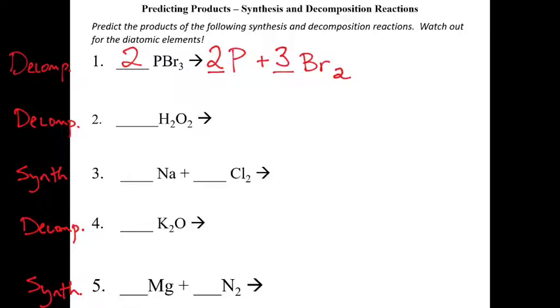Let's do the same idea on the second one. Again, our pattern is going to be for decomp. We break it up into its elements. What are the 2 elements in hydrogen peroxide? Hydrogen and oxygen. So when I put down hydrogen by itself, should I just put down H? No, H2. It's one of the 7 diatomics. Plus, what's the other one? O2.